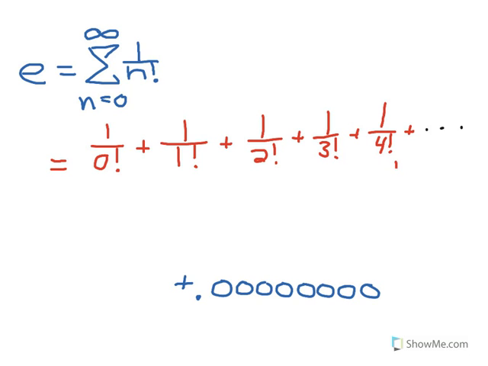Once you get 8 zeros, then it doesn't matter what numbers come after this, to the right of it. They will not affect these numbers if we're only adding the first 8 decimal places. So it's possible, I'm just throwing something out there, that you could end up going 1 over 20 factorial. If that's going to give you 8 zeros, then that's how far you go. So you go until, when you're dividing, the first time you get 8 zeros, then you know you can stop.